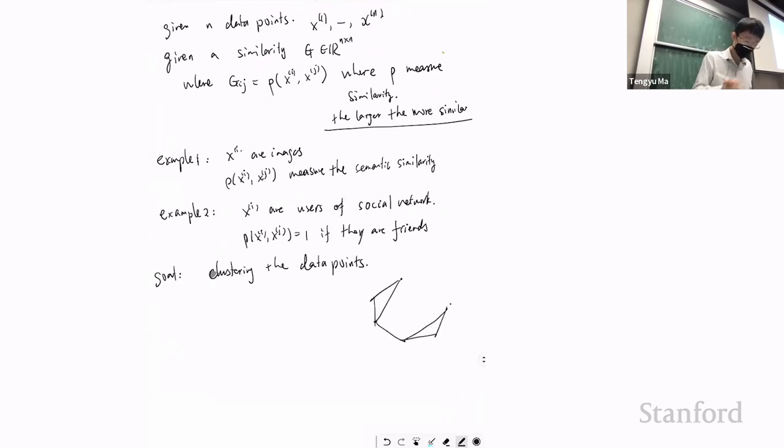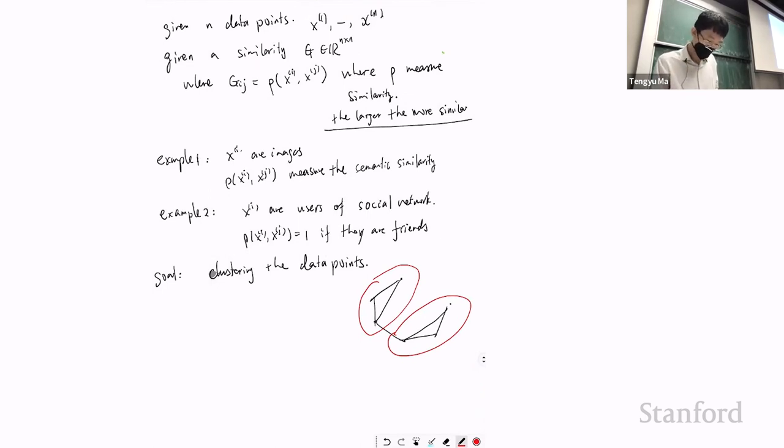And what you want to do is detect some so-called hidden communities. So for example, you can say this is a cluster, this is another cluster, and maybe this cluster corresponds to people at Stanford, and this cluster corresponds to people at Berkeley. Of course, between Stanford students you have more connections, and between Berkeley students you have more connections, and there are some connections across the groups, and so forth.